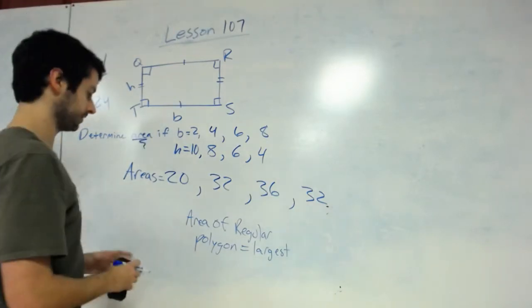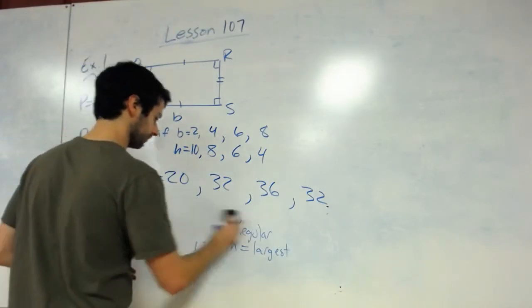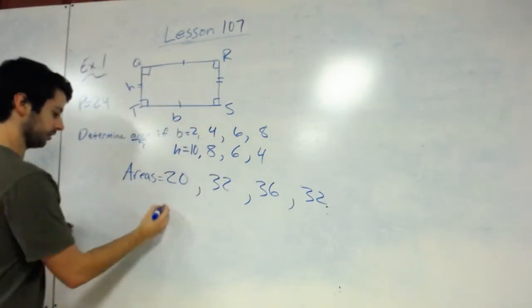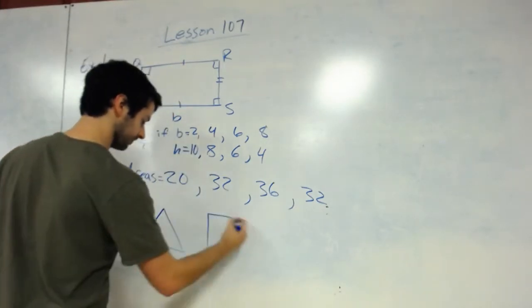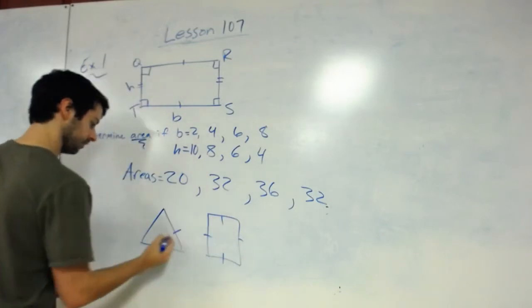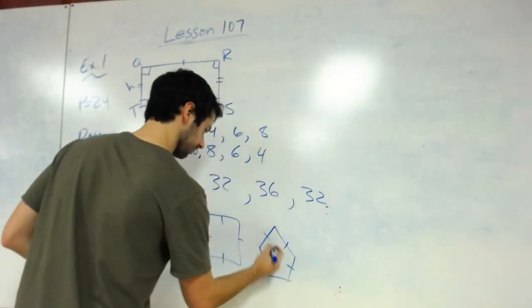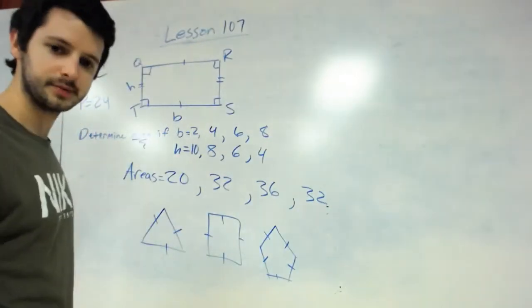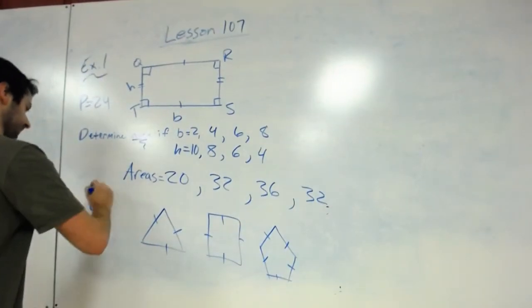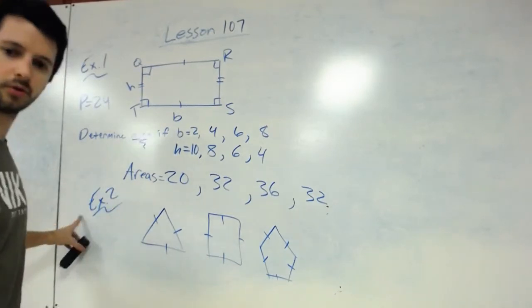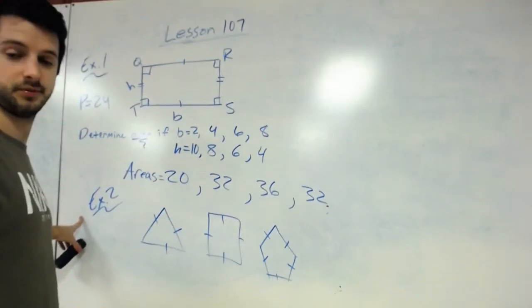Example 2 wants to know if all these shapes have the same perimeter. I'm not going to do the whole thing, but I just want to tell you what they're trying to prove.